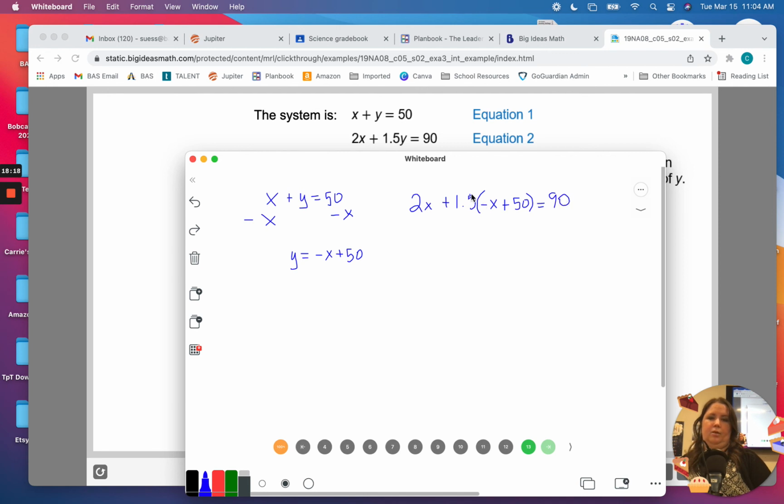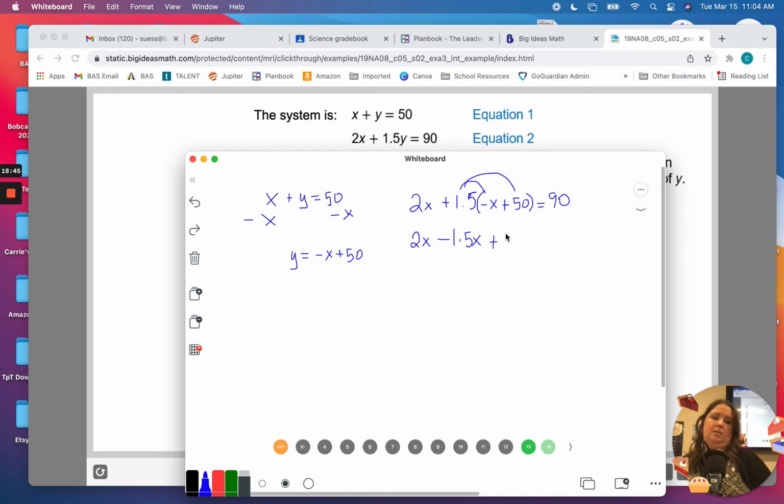All right, now what am I going to do? Distribute 1.5 times this and then that. So I'm just going to rewrite the 2x. What's 1.5 times negative 1? Negative 1.5x. What is 1.5 times 50? 75.